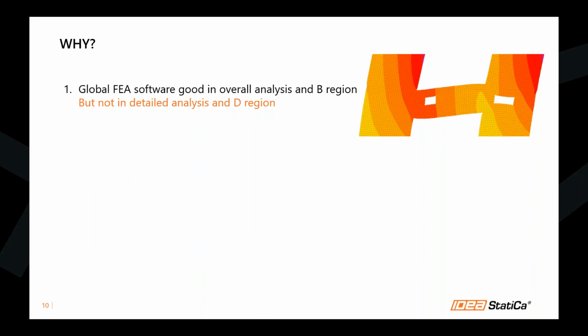Global FEA software is very good in solving the design for those regions, but not in the actual detailed analysis and D region, right? For example, as you can see here, the coupling beam of two shear walls, but there's an opening in it. It is considered already as a D region, and I would say that the global FEA software is not very good in designing this region.